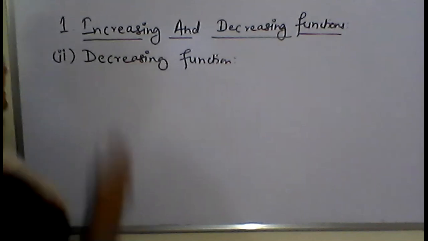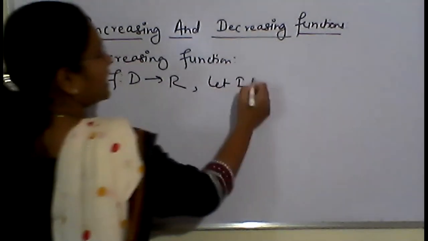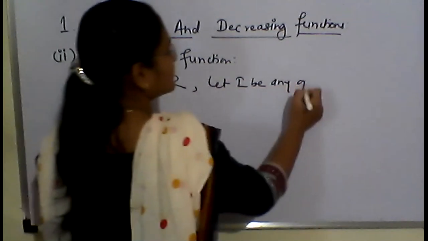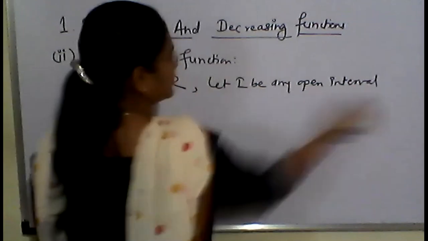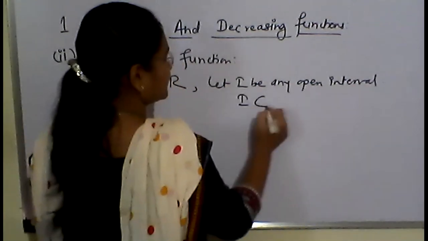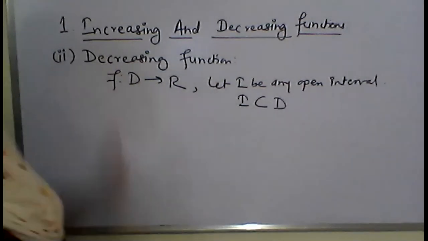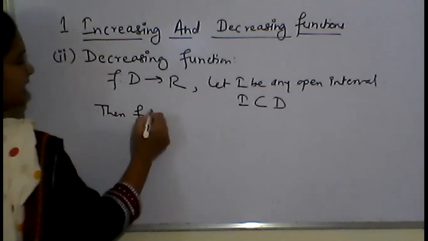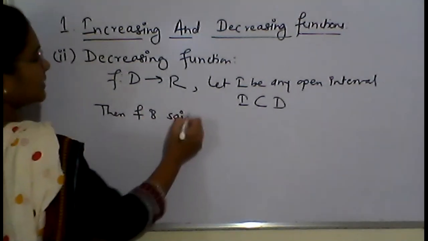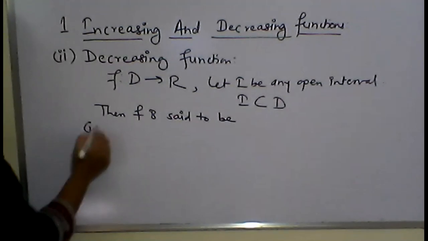So f is a real valued function from D, and let I be any open interval and I is contained in domain D. Okay, this is sufficient now. Then f is said to be decreasing.